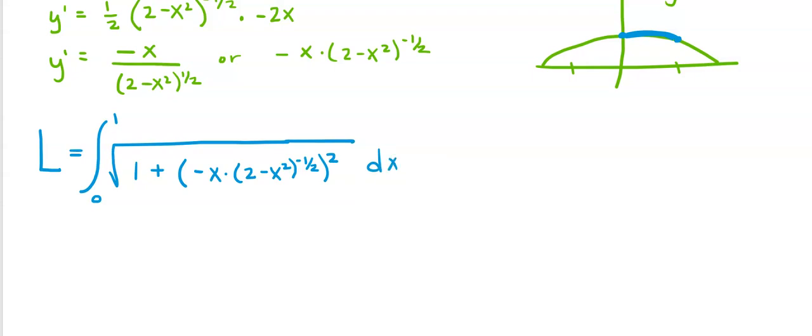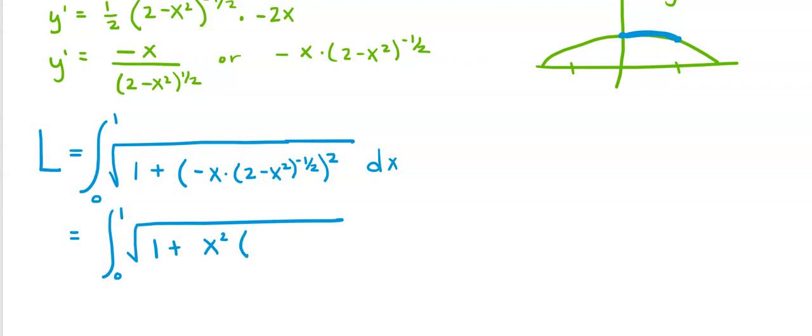So let's take a moment and clean that up a little bit. If I were to square negative x, that's just going to give us an x squared. Sorry, I'm getting behind here. So 1 plus, and then we'll have our x squared, because negative x times negative x is x squared. And then this piece in the parentheses, that's to the negative 1/2 power, and that's being squared, so you have power to a power there.